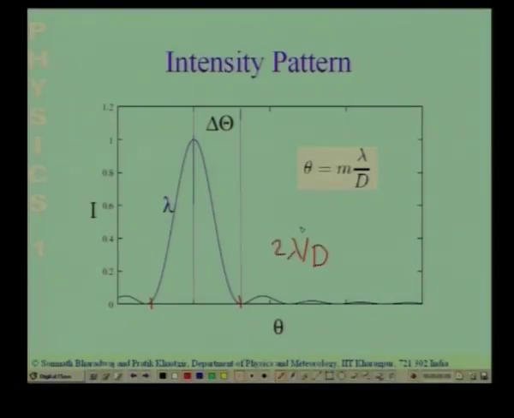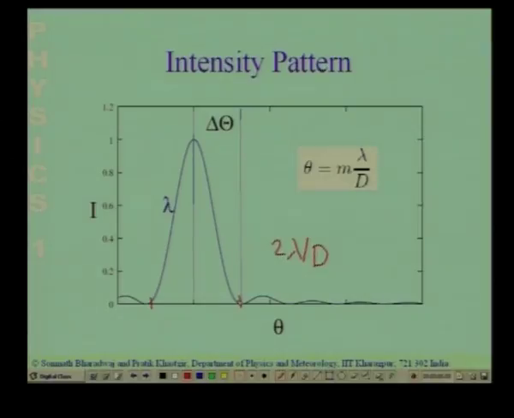If you were to increase the width of the slit, the central bright spot would get smaller and smaller. Conversely, if you were to decrease the width of the slit, the central bright spot would get broader and broader. The spread in the central bright spot would be more and more. This is what we see. The central bright spot has a width in angle which is 2 lambda by d.